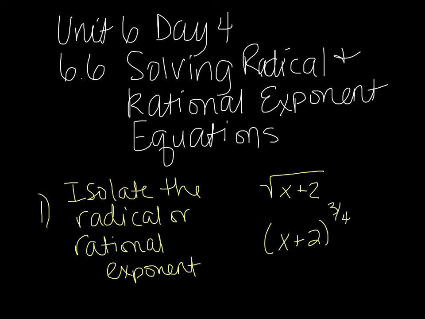Whatever we do, we want to get this on one side all by itself of our equation. Same thing for this. If this is what we're trying to isolate, this is my rational exponent with the fraction, we want to get that on one side of the equation all by itself. That's step 1. It's the same as it's been for the squared function in chapter 4 that we looked at. Same thing in this. We isolate the radical or the rational exponent.